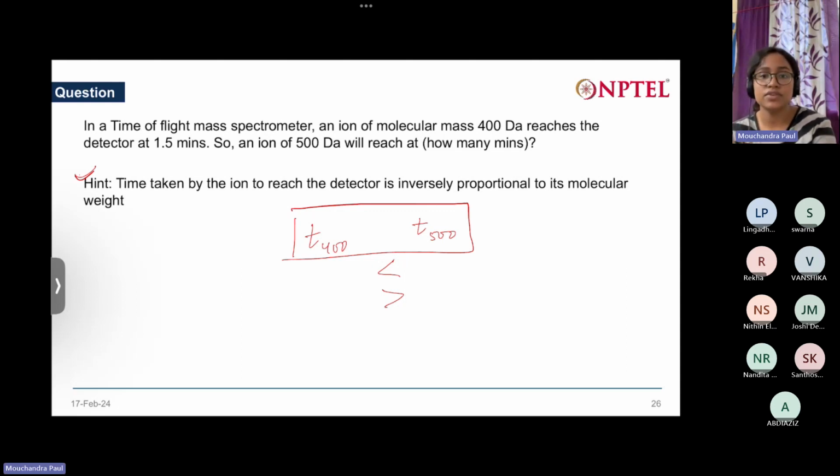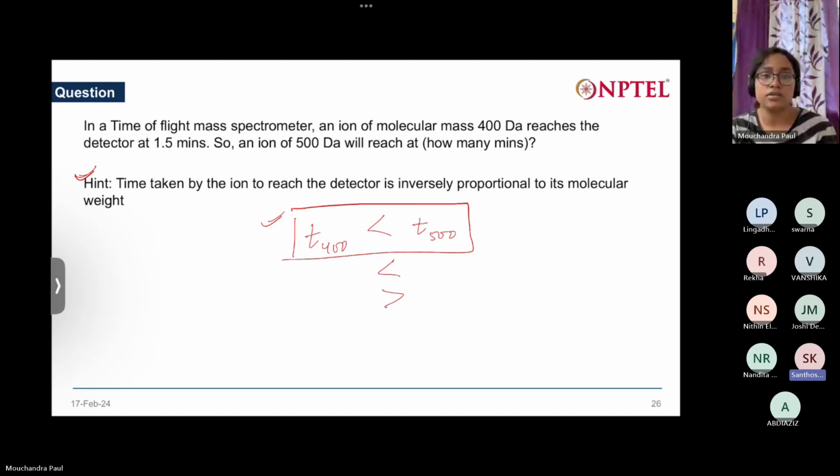In this question, you're given an ion of 400 Dalton that reaches in 1.5 minutes. I'm asking how much time an ion of 500 Dalton will take. Will it be greater than the time taken by 400 Dalton or less than that? Greater. Yes, it will be greater.